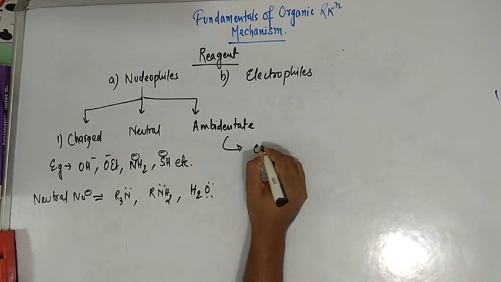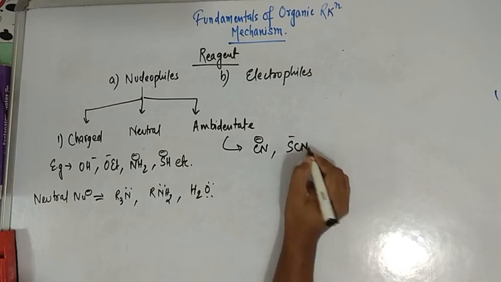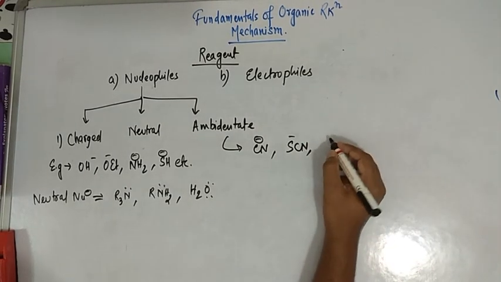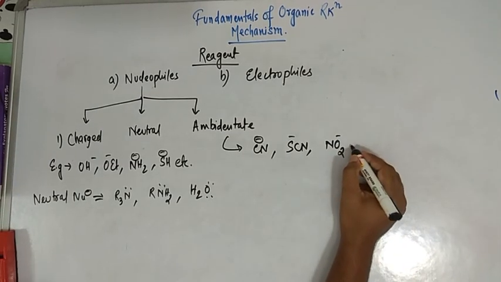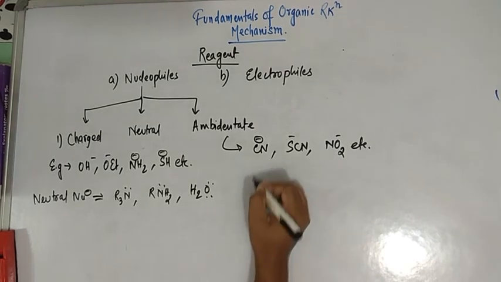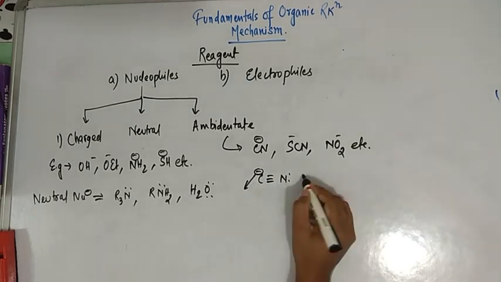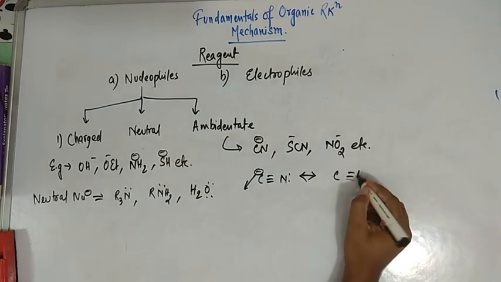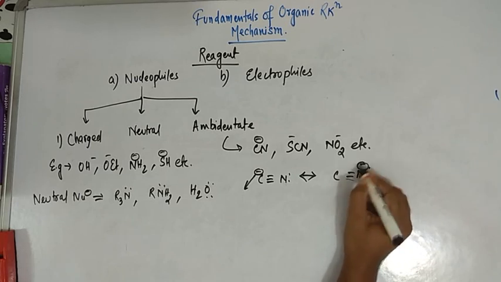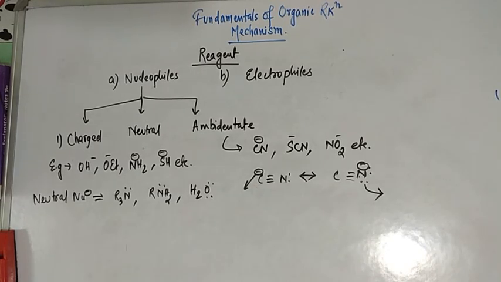The greatest example is cyanide, SCN negative, NO2 negative, etc. If we see the structure, we will find that cyanide might attack from this end as well as from the carbon end.